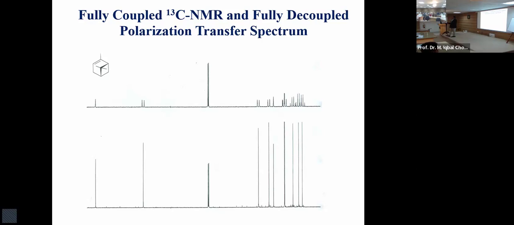The problem was that when you increase the sensitivity and you get a nice spectrum like this, you come across another problem of interpretation. You have all the information, but it's difficult to interpret.